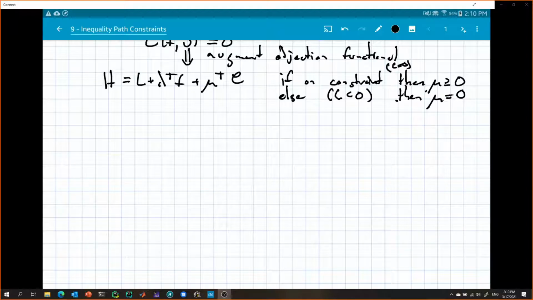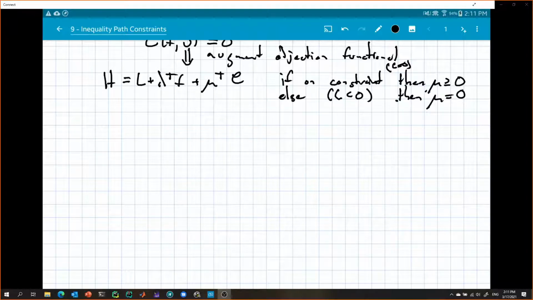Okay, and then we can see the way we know that mu isn't less than 0, you can go back to the significance of the different Lagrange multipliers, that it's measuring sensitivity.